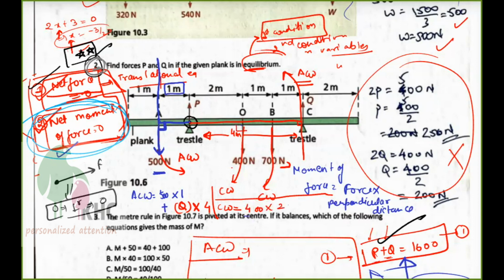Correct. Plus, what about the other one? 700 times 3. Okay. If this is your anti-clockwise moment and this is your clockwise moment, now what do you have to do?